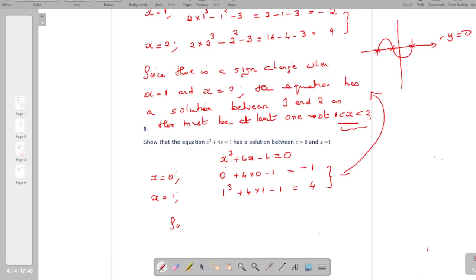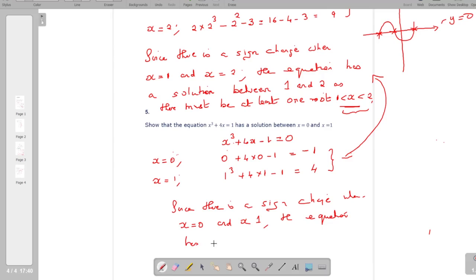Since there is a sign change when x is equal to 0 and x is equal to 1, the equation has a solution between 0 and 1. That's the end of the questions.